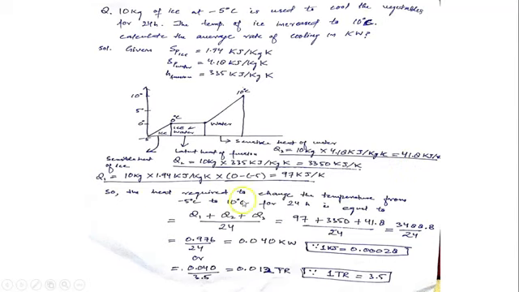So the heat required to change the temperature from -5 degrees centigrade to 10 degrees centigrade for 24 hours is equal to addition of this, which is Q1 plus Q2 plus Q3, which is equivalent to 97 plus 3350 plus 41.8 divided by 24, because the whole process occurred within 24 hours.